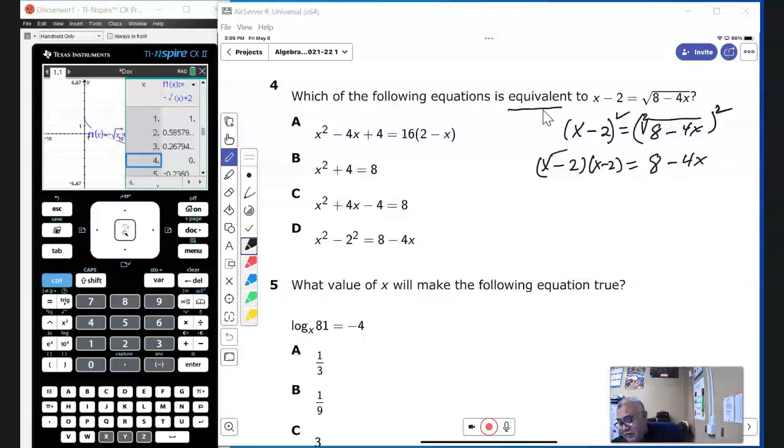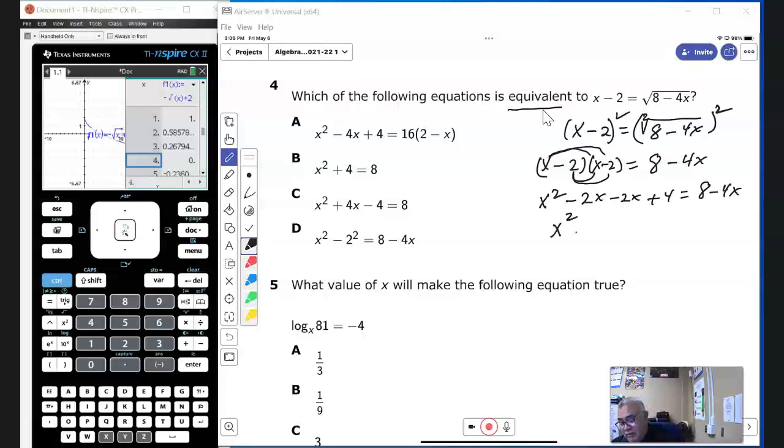So we have x times x, which gives you x squared. x times negative 2 gives you negative 2x. Negative 2 times x gives you negative 2x. And negative 2 times negative 2 gives you positive 4 equals 8 minus 4x. We have to make sure that we simplify this as much as possible.